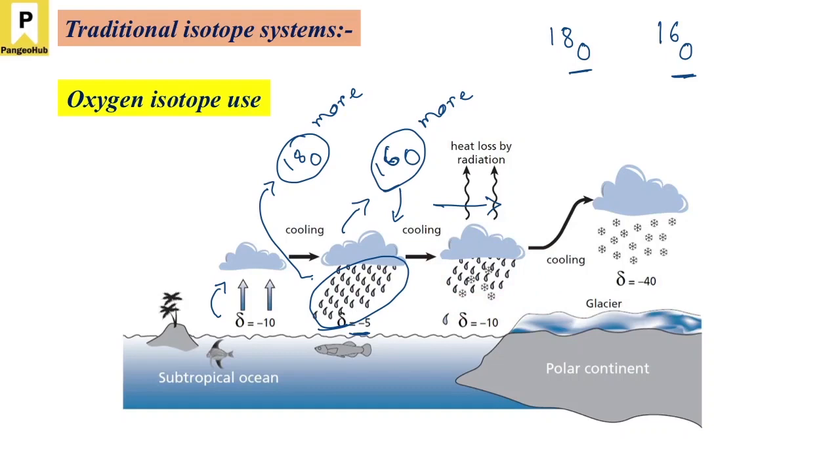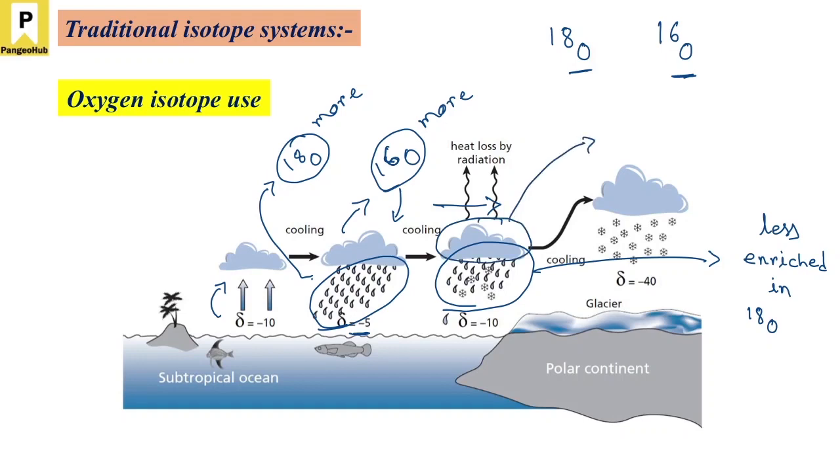So here we will find this rain obviously enriched in 18O, but less enriched in 18O. But this cloud will be more and more enriched in what? 16O. That's right, in 16O.